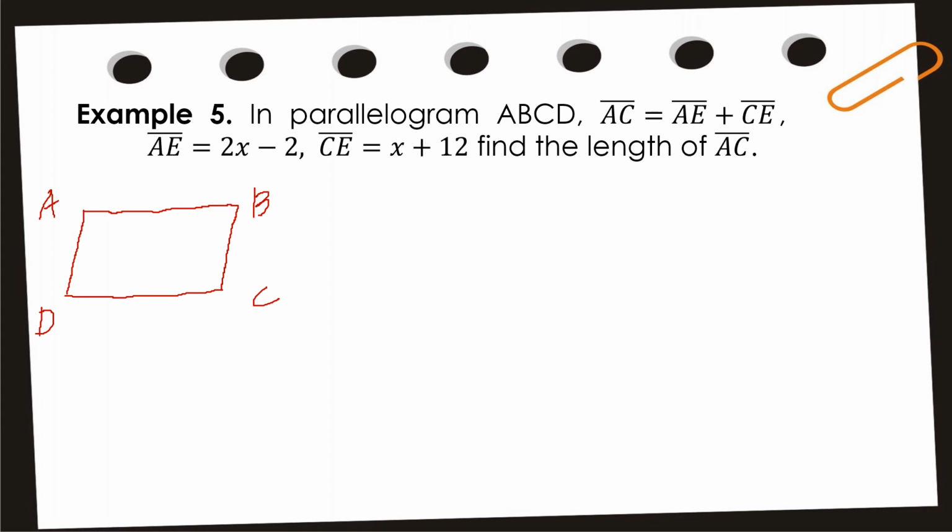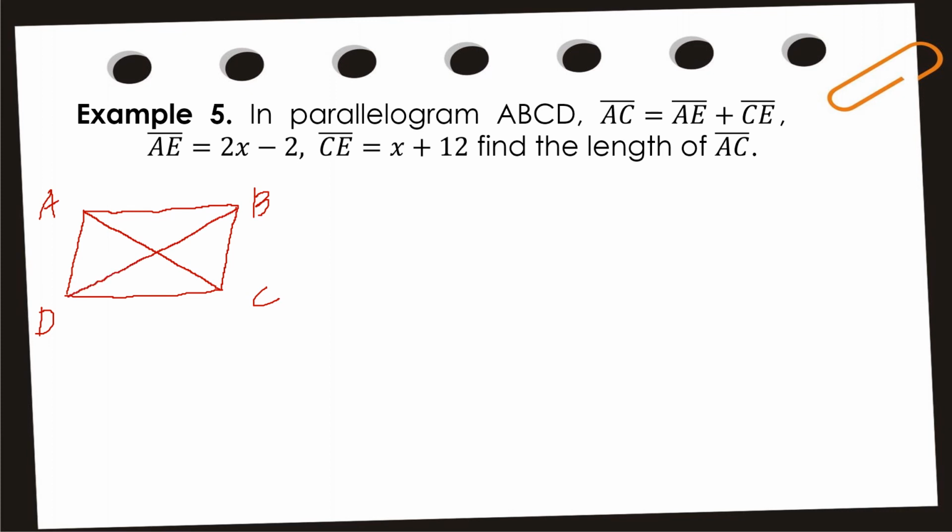According to the problem, AC refers to the diagonal AC. AC is equal to AE plus CE. Let's also have the other diagonal, which is BD.